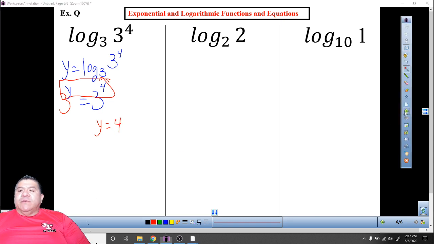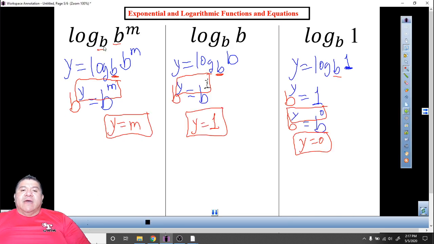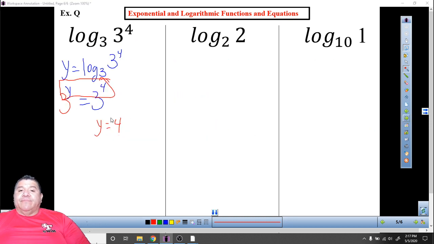All right, so what did we say in our definition earlier? That if the base is the same as the given number, then the missing exponent is the exponent on the given number. Let's see if that works. If the base is the same as the given number, then the missing exponent is the exponent on the given number. There it is, 4. Do you guys see that?